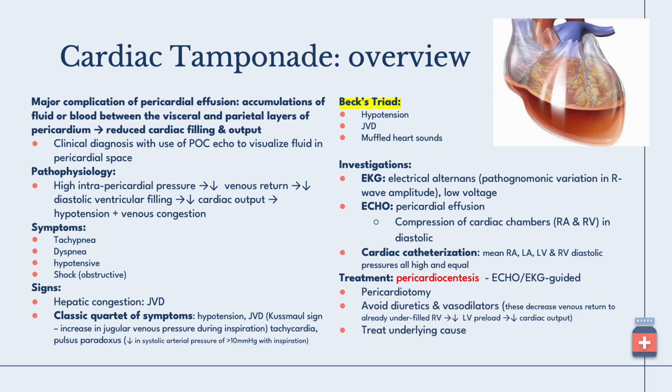So symptoms here are going to be tachypnea, shortness of breath, hypotension, and shock. Signs will be hepatic congestion, hypotension, JVD, tachycardia, and pulsus paradoxus. So remember our Beck's triad of hypotension, JVD, and muffled heart sounds.